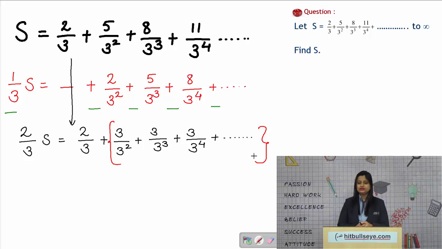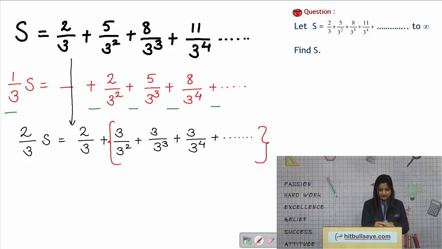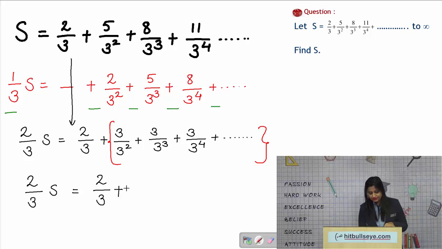We have a formula to calculate the sum of infinitely many terms of a GP. What is the formula? That is A upon 1 minus R, where A stands for first term and R stands for common ratio. So we can write 2 by 3 S is equal to first term again as it is, 2 by 3, plus.